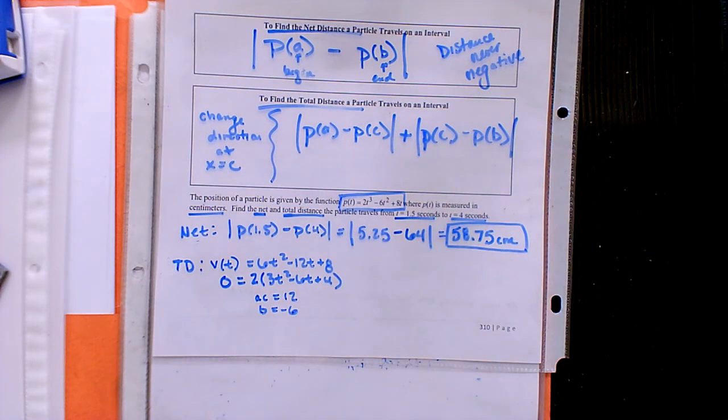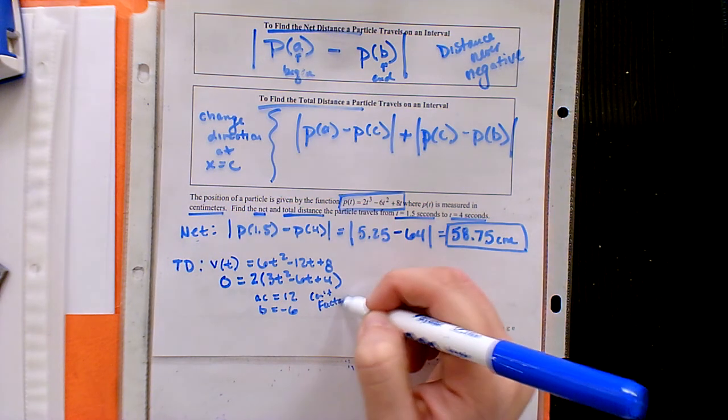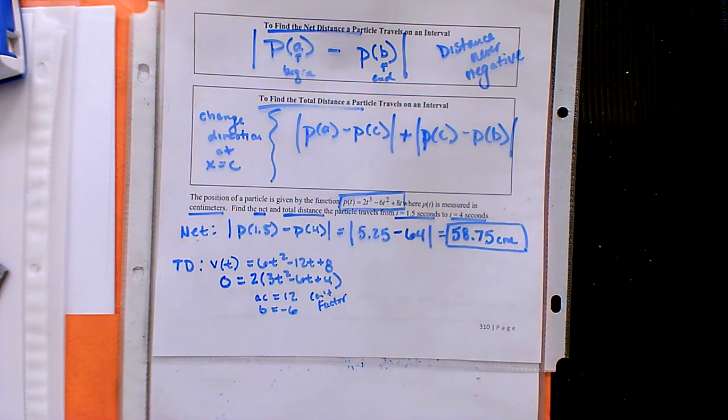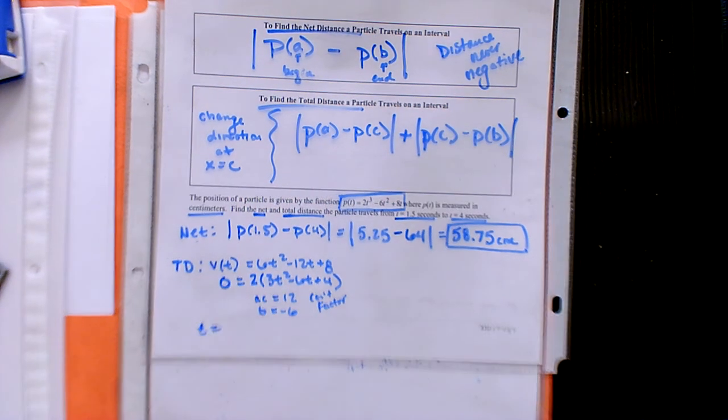Two numbers that multiply to 12 but add to negative 6. Can we factor? Okay. Can't factor. If it's a quadratic and we can't factor, let's do the quadratic formula.